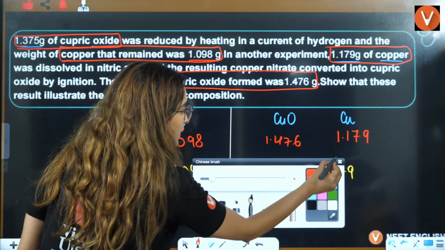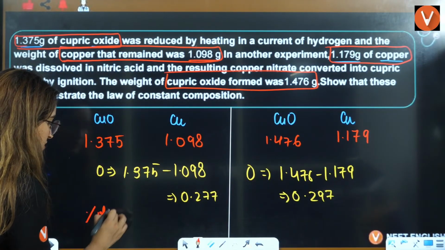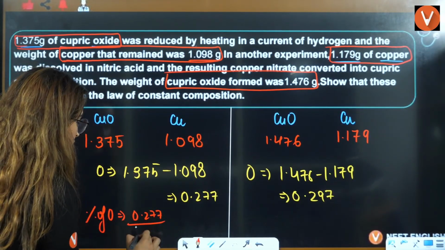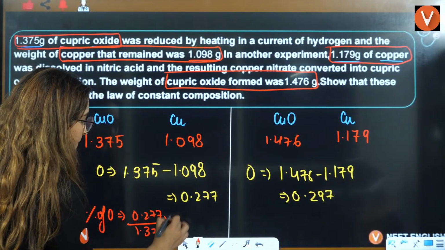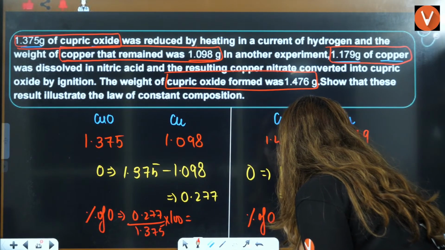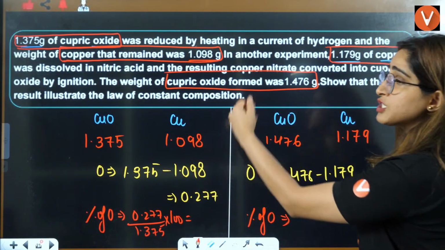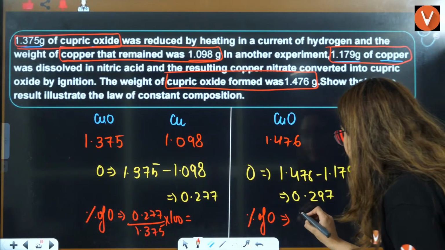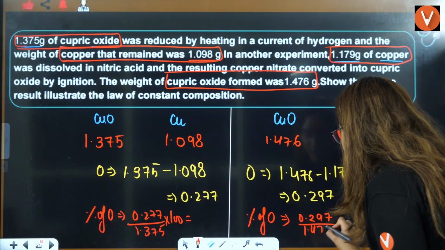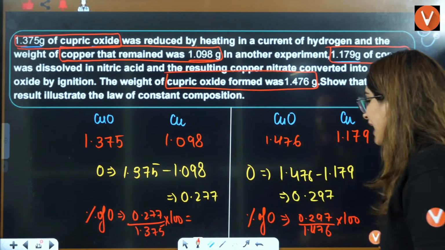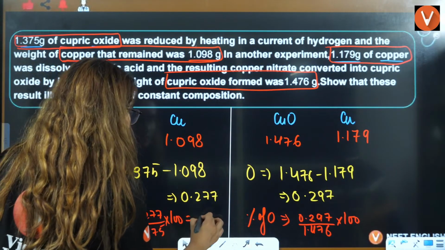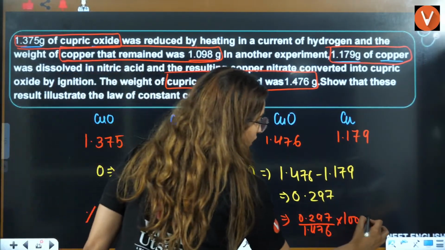Now, if you find the percentage of oxygen, it will be 0.277 divided by how much you have initially, 1.375, multiplied by 100. And here the percentage of oxygen will be 0.297 divided by 1.476 multiplied by 100. They can also ask you what is the percentage of oxygen in this. That's how to calculate the percentage of oxygen. When you solve this, the answer is going to be 20% in both the cases.